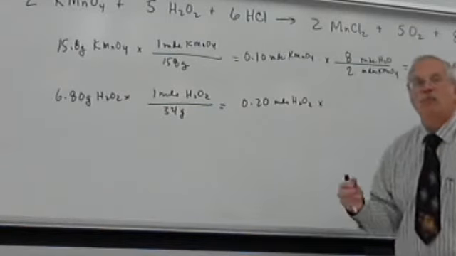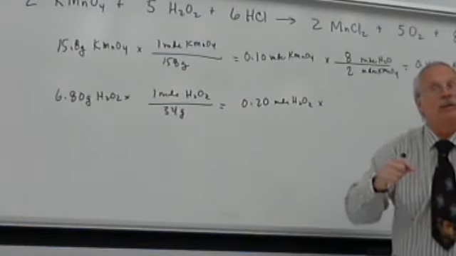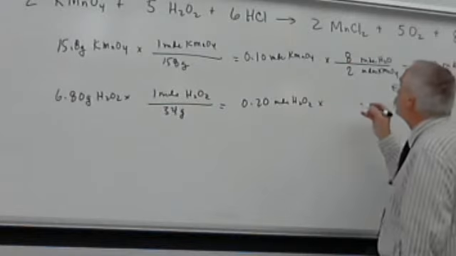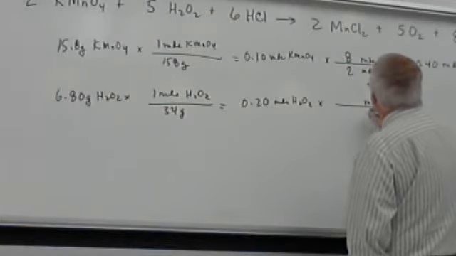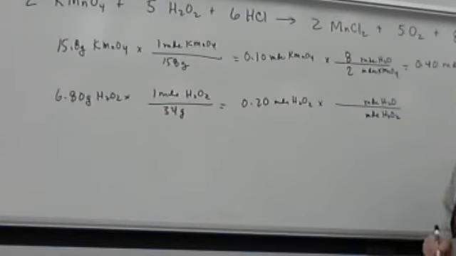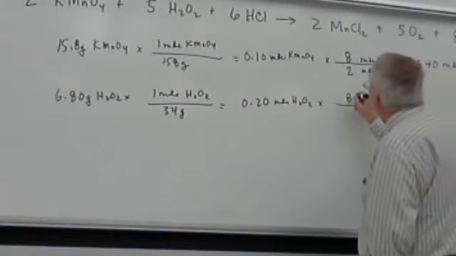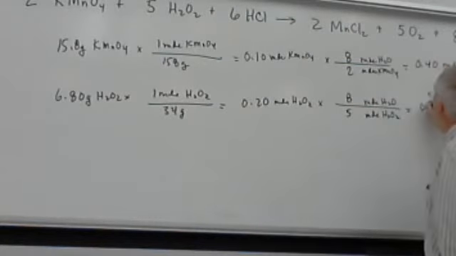And again, I'm not interested in peroxide as much as I'm interested in the water. So I want moles of water over moles of the peroxide, and that ratio is 8:5. So that gives us 0.32 moles of water.